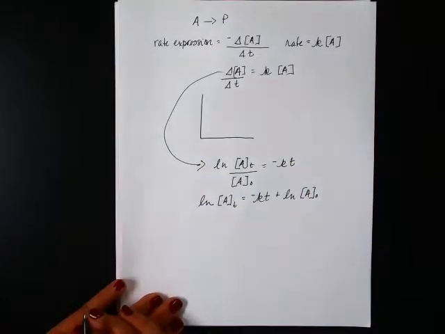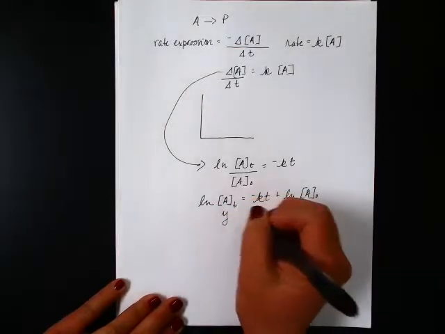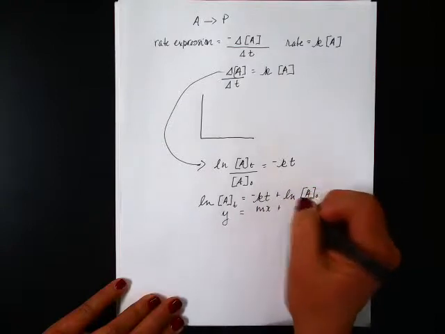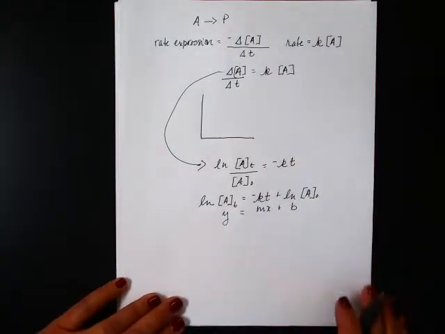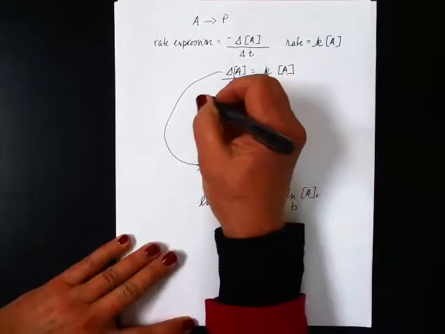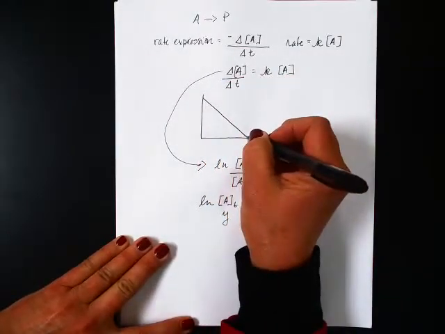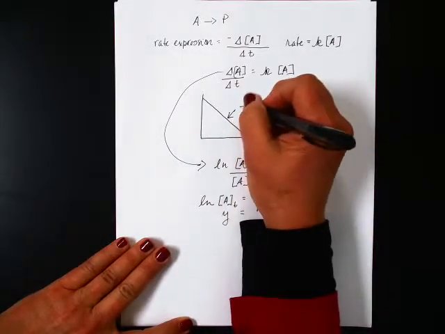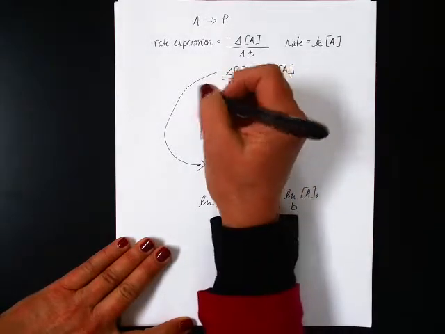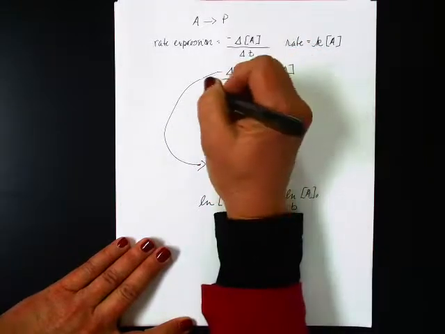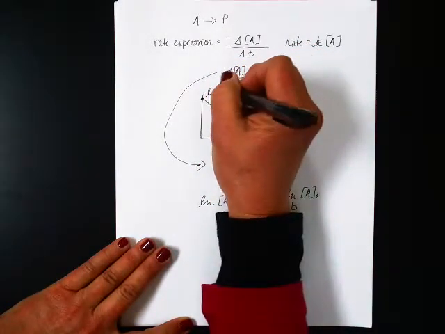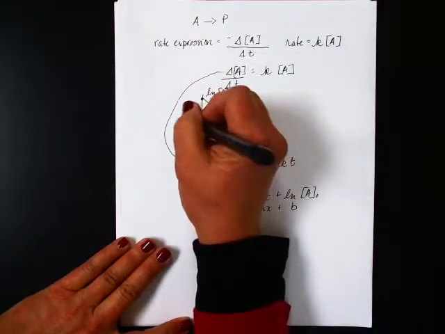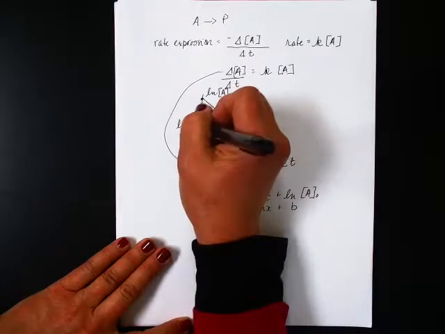So this gives us the form of y equals mx plus b. So we can then plot a linear relationship where the slope is negative k, the y-intercept is ln A naught, and we're plotting ln concentration of A at t versus time.